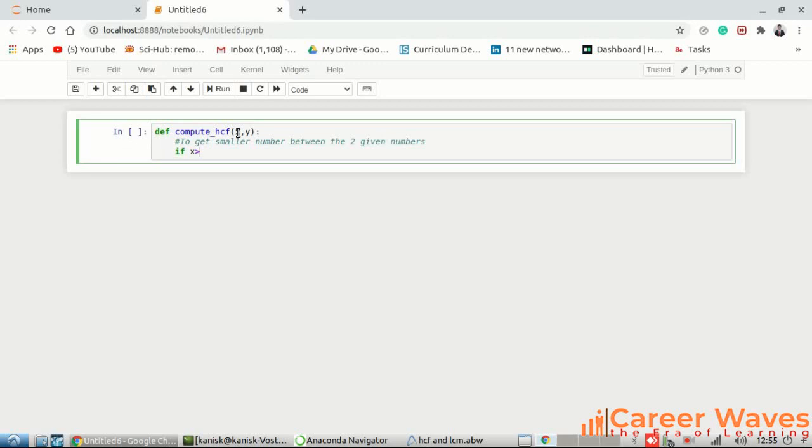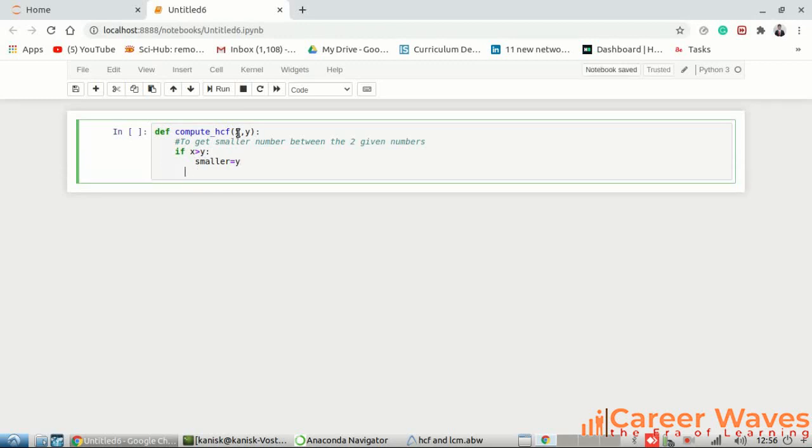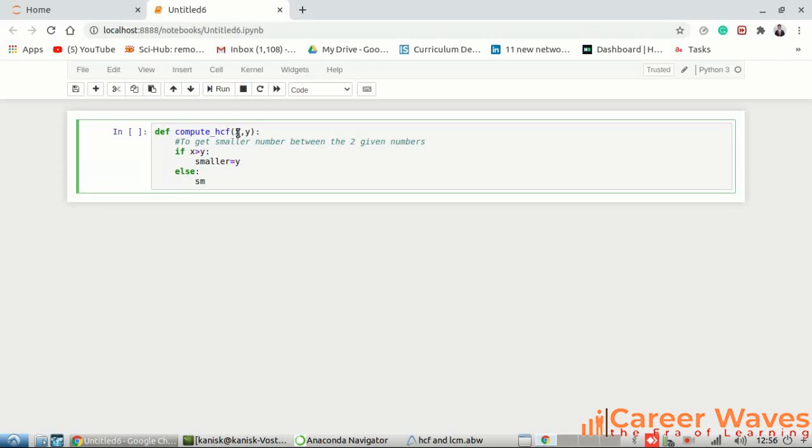If x is less than y, then smaller is equal to y, else it's obviously smaller will be x. So what we have done, if x is greater than y, it means y will be smaller, so smaller is y. Or if this condition is false, then smaller will be x. So this is the code to write for getting the smaller number.